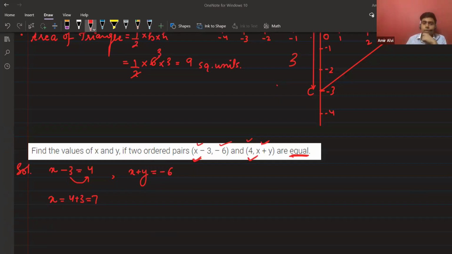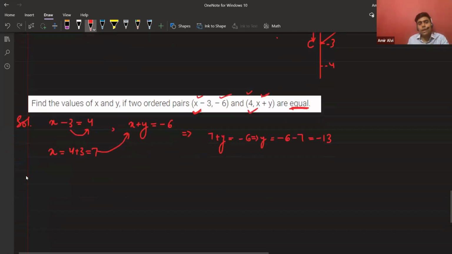Yes, dear, tell me. Put this value of x here to get the value of y. 7 plus y is equal to minus 6. So y will be equal to minus 6 minus 7, which is equal to minus 13.